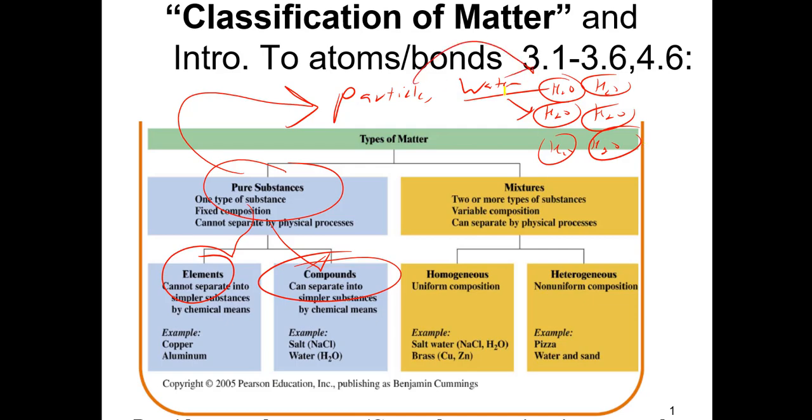So we need to investigate these particles in order to figure out whether it's an element or compound. That or just simply memorize from experience whether something is an element or compound. So from experience, you might be able to memorize that water is a compound. But now we're going to go into detail about these particles that make it up.